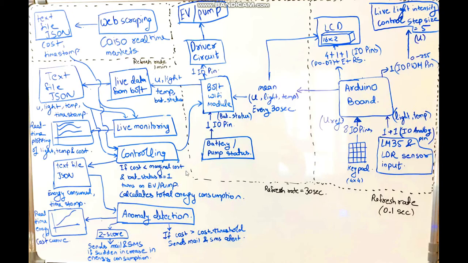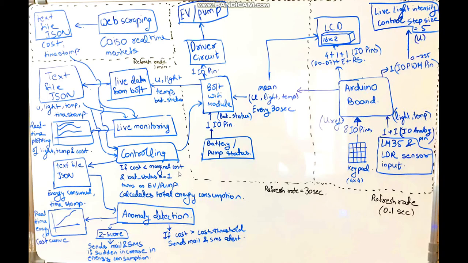The marginal cost is set by the user. Let's say the average cost over a day is 35, meaning that over one day the cost fluctuates around $35 per megawatt.